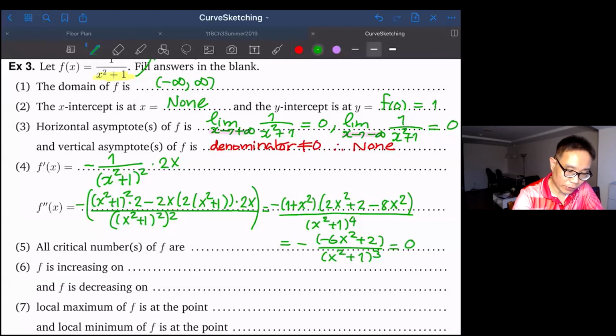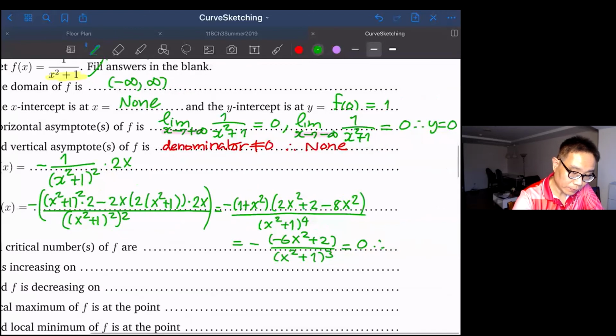And you're gonna see that you're gonna have x squared equal to 1/3. So you get x equal to positive negative root 1/3.